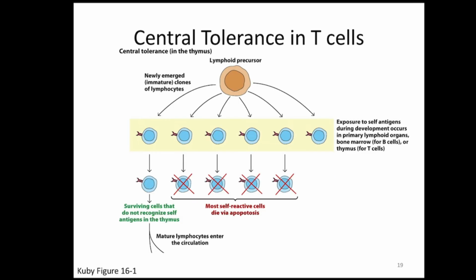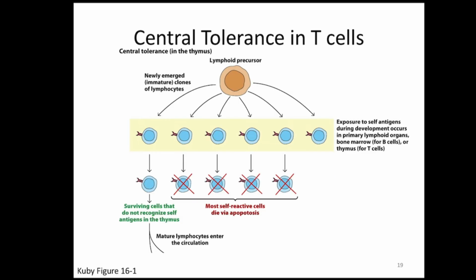Then it had to be tested before it could leave the bone marrow. And we saw that central tolerance process. When we talked about B cells, there were 3 choices that could happen to the B cell. The B cell could either get deleted, undergo receptor editing, or undergo anergy. There are going to be slightly different choices for the T cell.